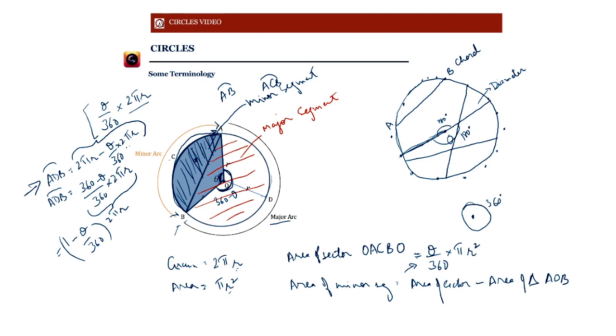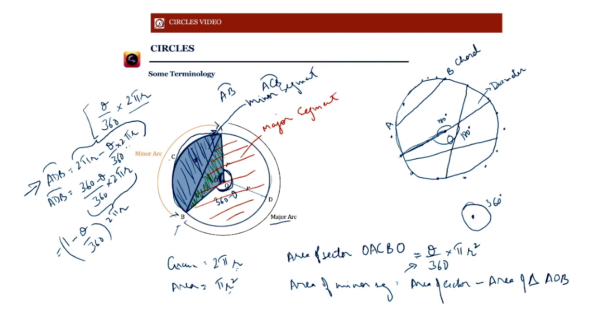So we'll find the area of this triangle. Let me show you with green lines now here. This is the area of the triangle. From the area of the sector, we'll remove this particular area, and that is what is going to give us the area of the segment ACB.